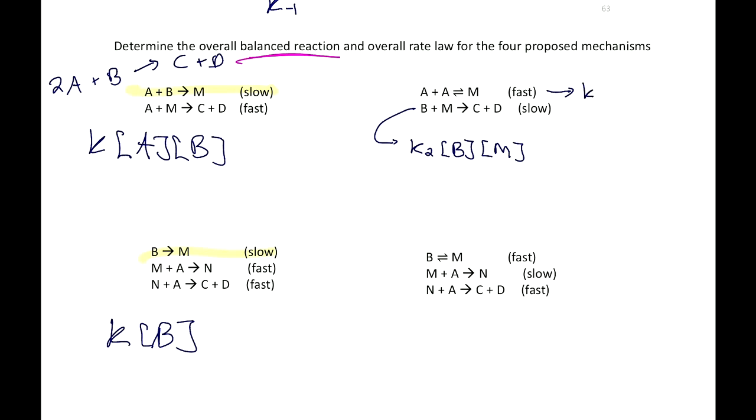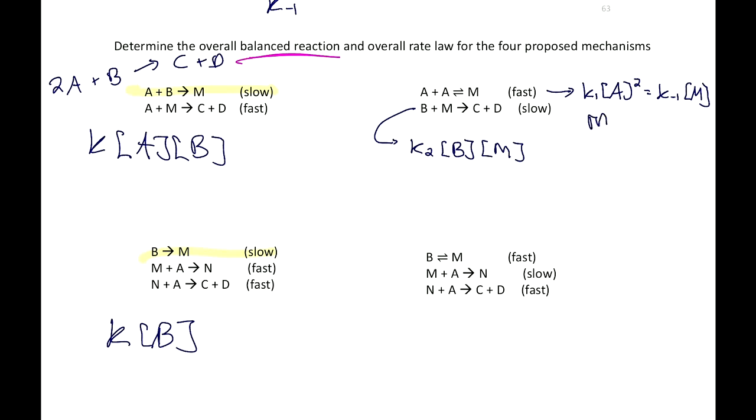So I'm going to take the fast step, set the forward and reverse equal to one another. So I'm gonna say K1 in the forward direction times A concentration squared, because it's bimolecular, equals K negative 1, the rate constant for the reverse reaction, times the concentration of M, because that's the reactant of the first reaction.